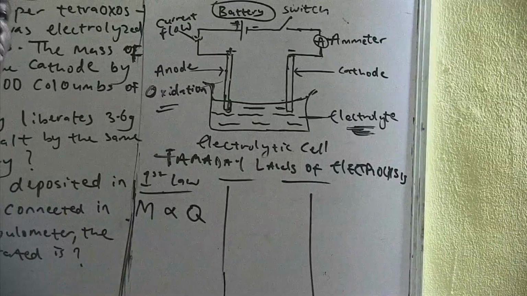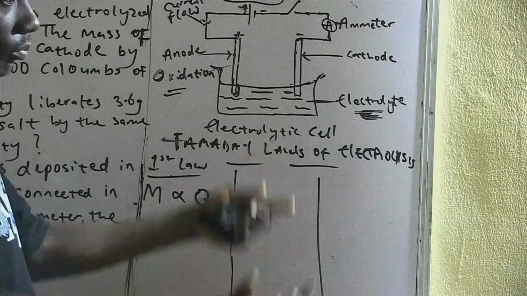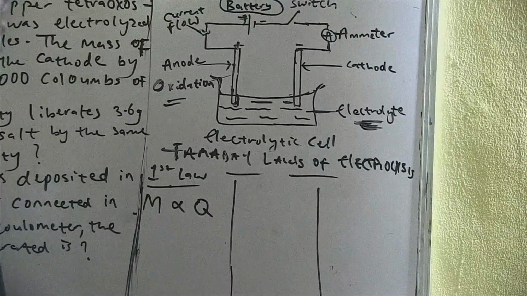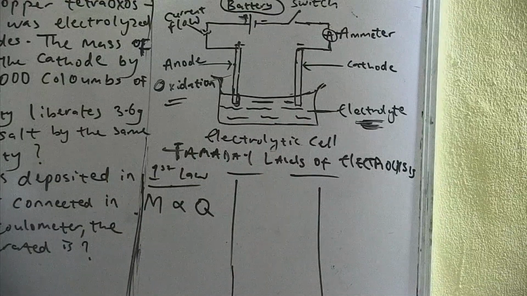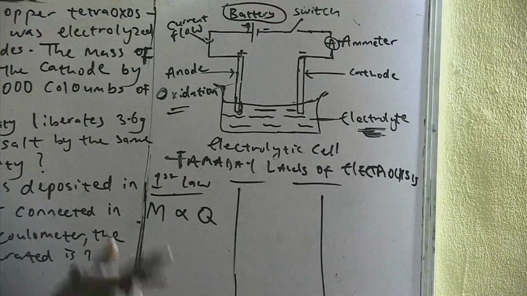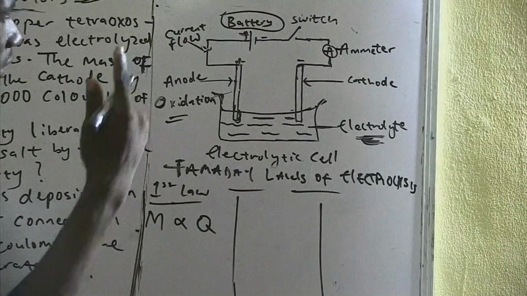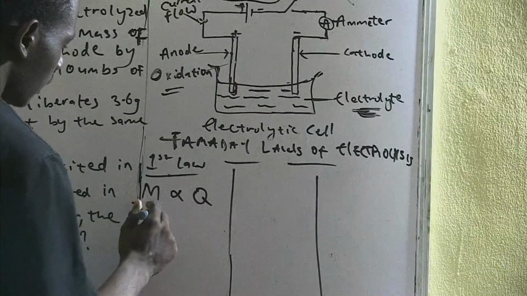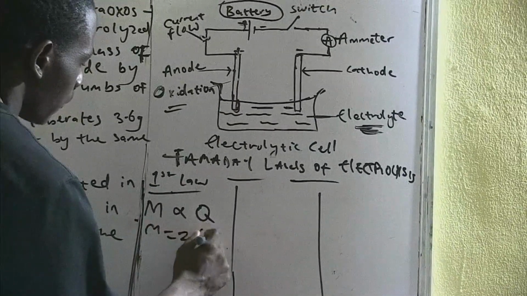Like I told you before, substances are deposited during electrolysis, and it can happen at the cathode. Now, the mass of the substance deposited is directly proportional to the quantity of electricity passing through the electrolyte. So we have M is equal to ZQ.